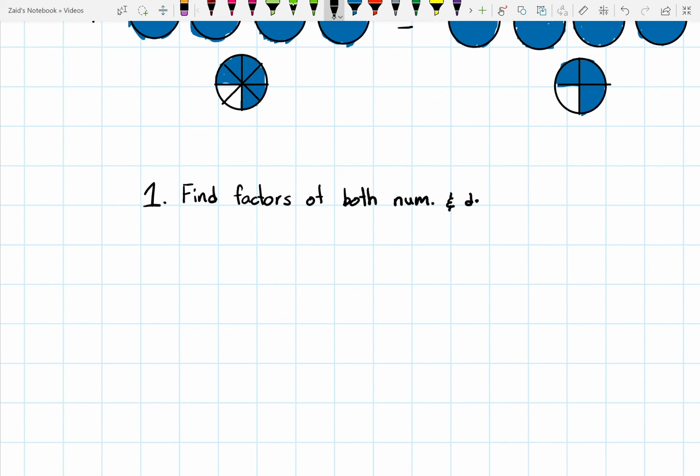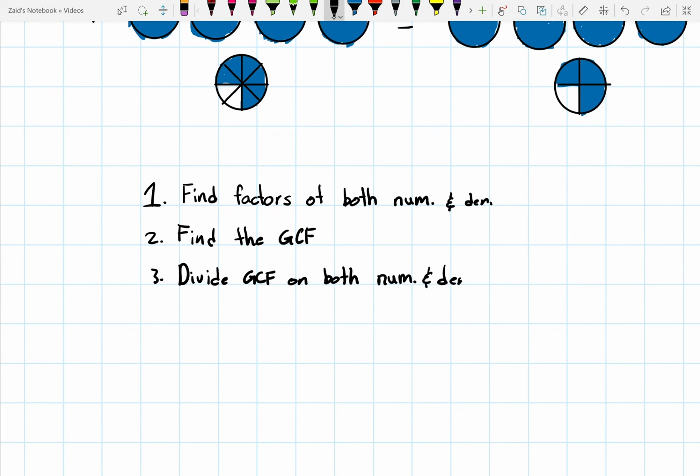Then we find the greatest common factor from both of them, and then we divide both the numerator and denominator by the greatest common factor. And whatever our answer is, that's the simplest form.